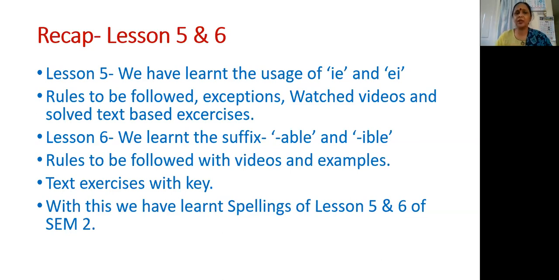In lesson number 6, we learned how to use the suffixes able and ible. What are the rules to be followed? We watched some videos, looked at the examples, checked the textual exercises, and cross-checked your answers with the key. With this, we have learned spellings of lesson number 5 and lesson number 6 of semester 2 of the UG first year General English course.